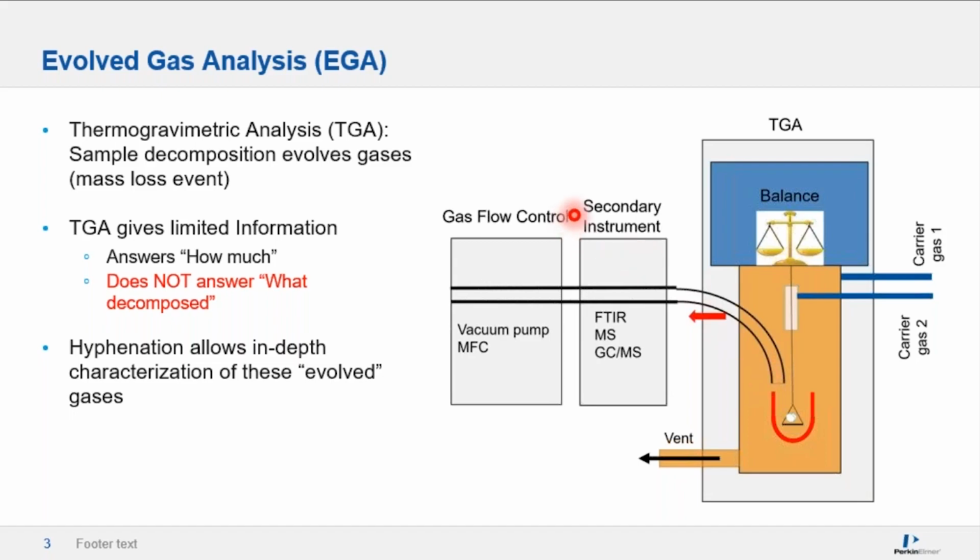Then they get carried to a secondary instrument. This is either FTIR, mass spec, or GC-MS. The whole system is controlled via a pump system and a mass flow controller. This is actually pulling gas through the system and allows us to very precisely control the flow rate and the pressure throughout the system.